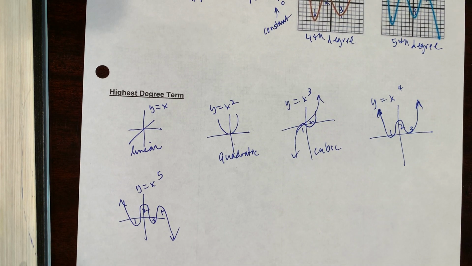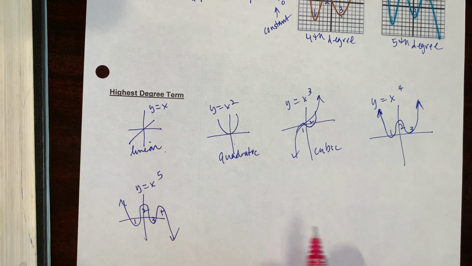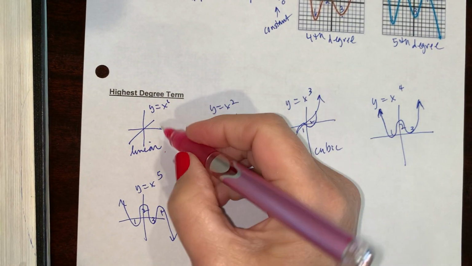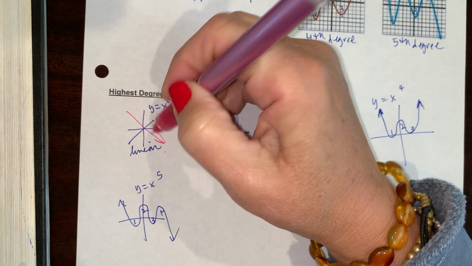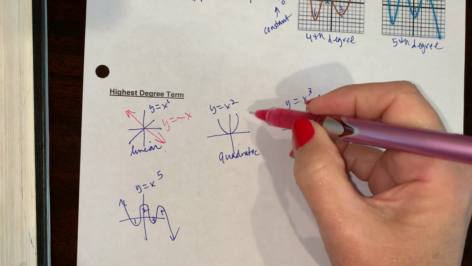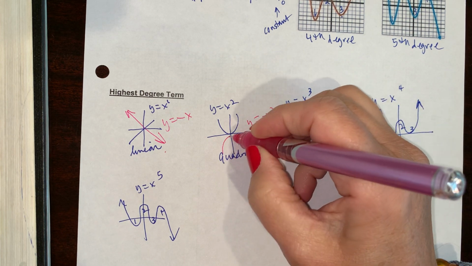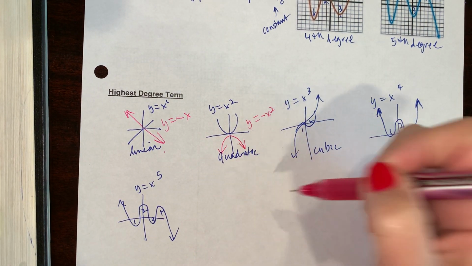Okay, some of the other things you would want to recognize: I'm going to do these right on top. If this is linear, y equals x, like x to the 1st, and it happened to be y equals negative x, then it would be going down. If this one happened to be y equals negative x squared, then the parabola would be opening down.